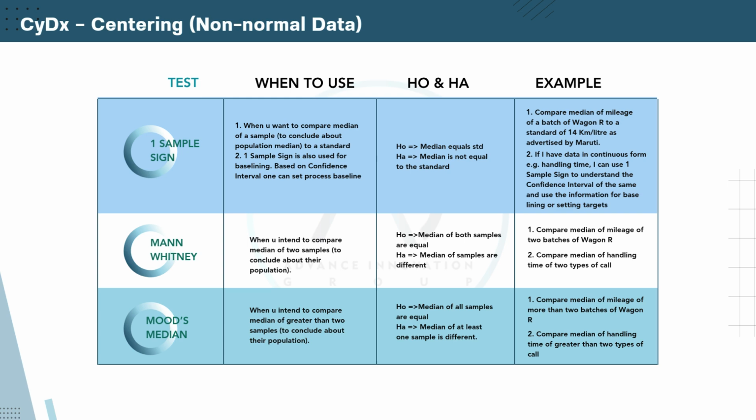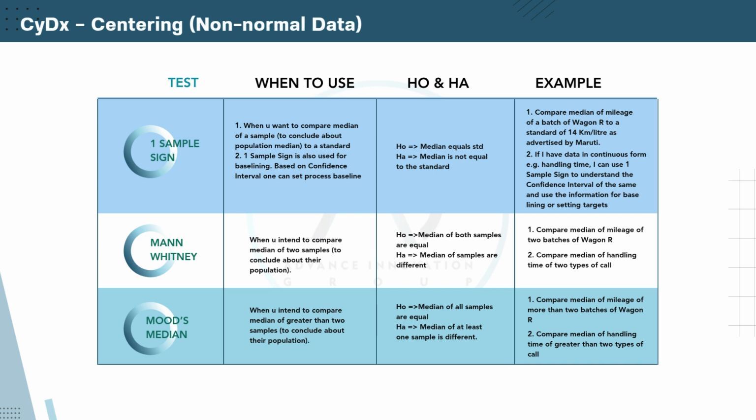Column 2, When to use. One-sample sign: use this when you want to compare the median of a single sample to a fixed standard, like a benchmark or historical target. It's also useful for setting baselines using confidence intervals when data is continuous but not normal.